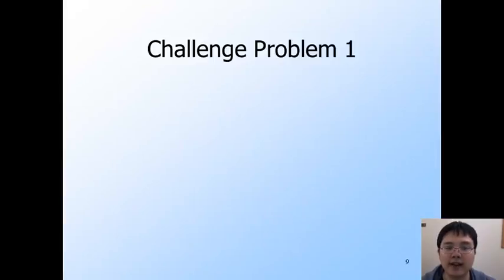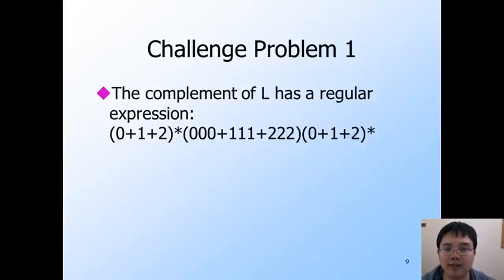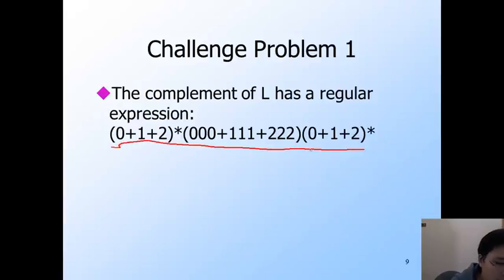Firstly, we can prove that the complement of L has a regular expression, which is in this form. We have 3 consecutive zeros, or 1s, or 2s, with any number of zeros, 1s, and 2s before and after.